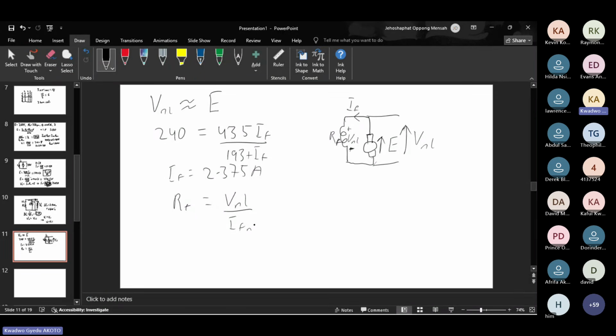And we are going to get our RF to be equal to 240 divided by 2.375, which is going to give us 101 ohms, right? So our RF is going to be a constant 101 ohms for our future calculations. So we can just note this down.